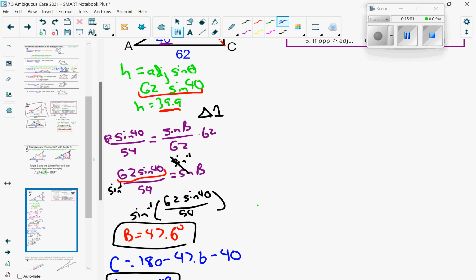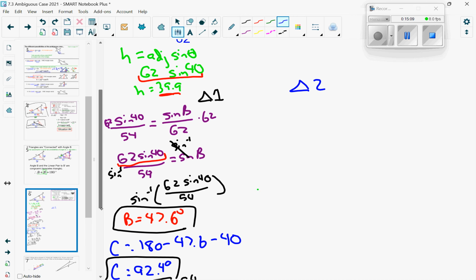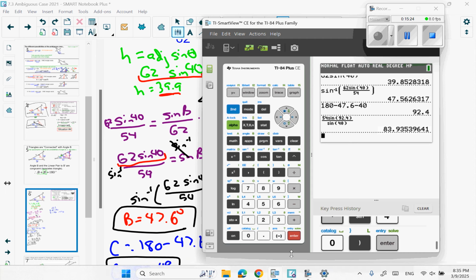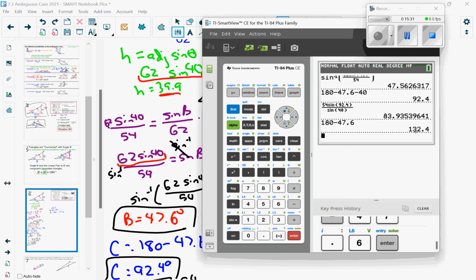So if I were to find the second triangle, I would start with the idea that angle B and B prime, B plus B prime, are supplementary. So to find B prime, I would do 180 minus 47.6, and I get 132.4.